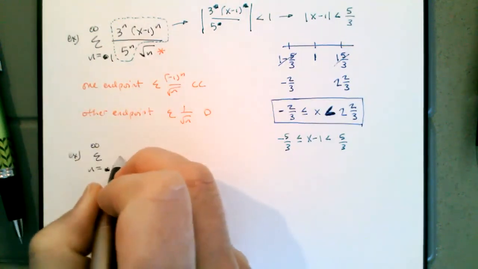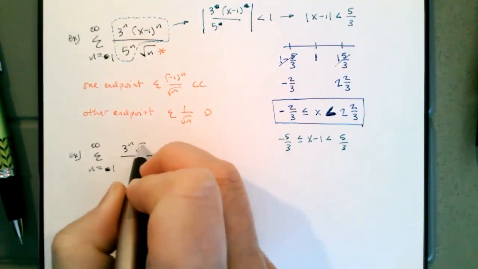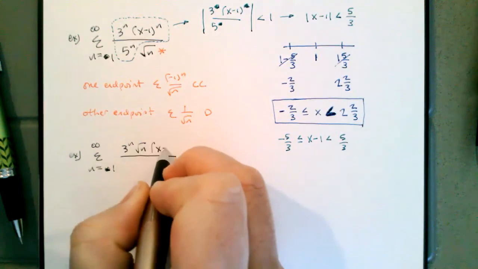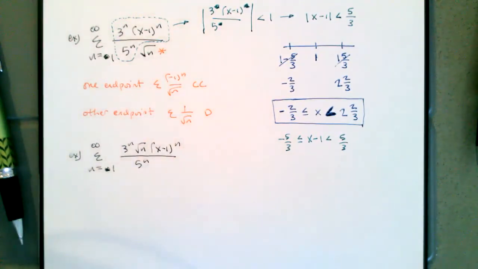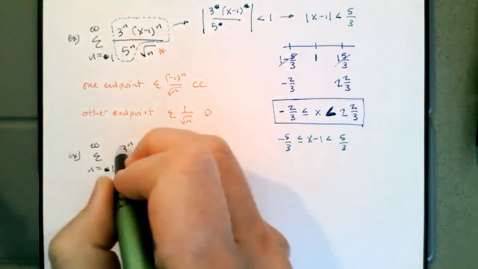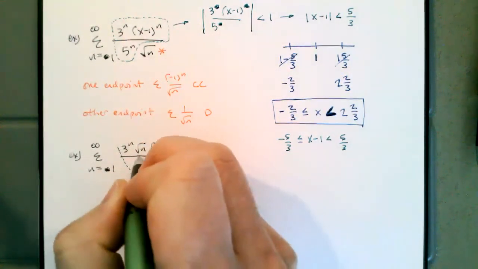Oh, now it's not going to matter. So now if I take that square root of n and put it up into the numerator, I can still think of, oh, I made things difficult on myself here.